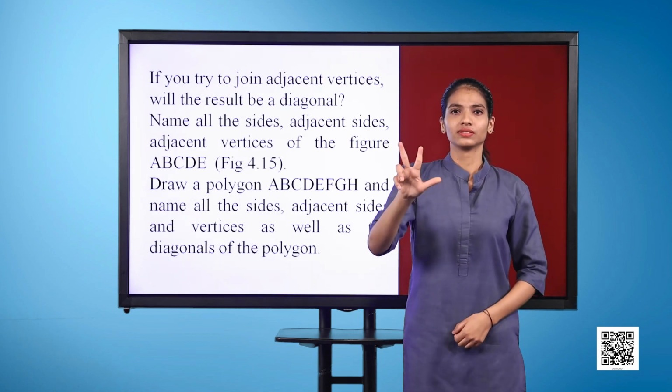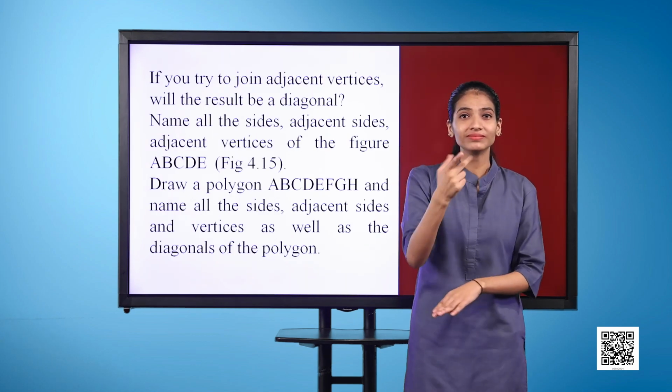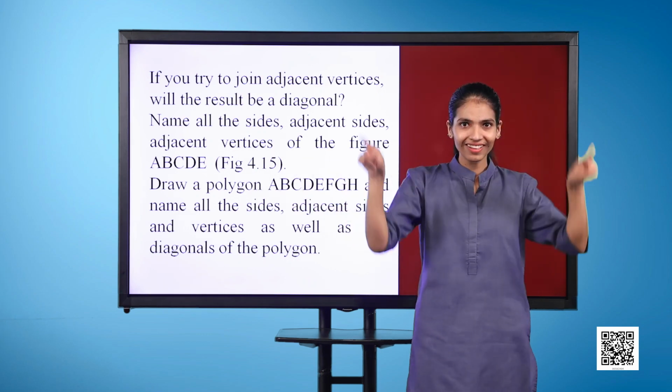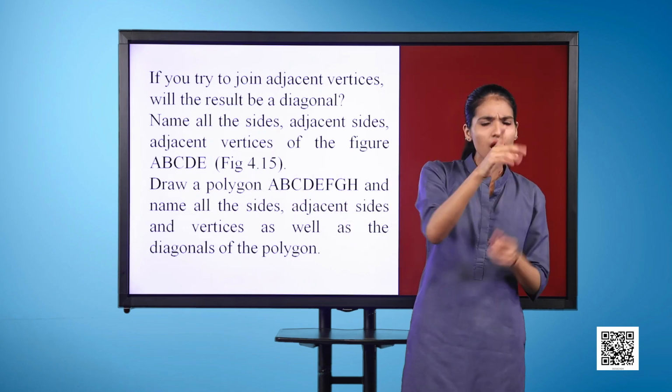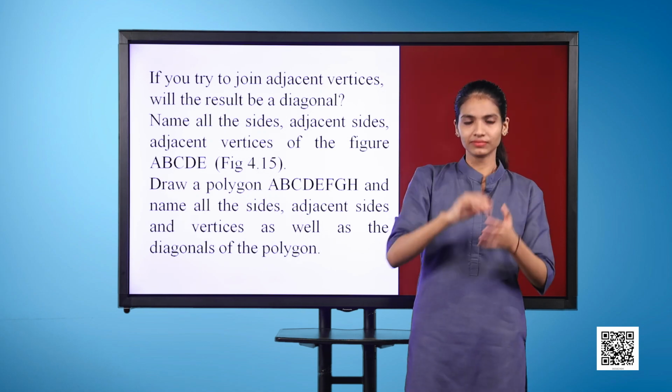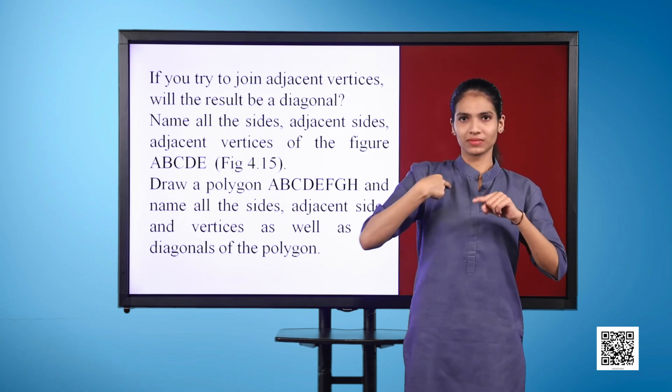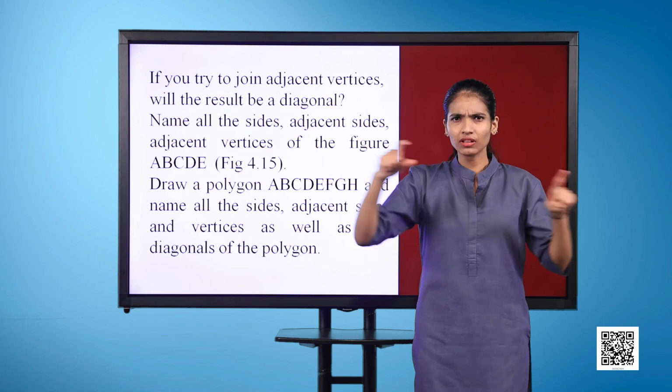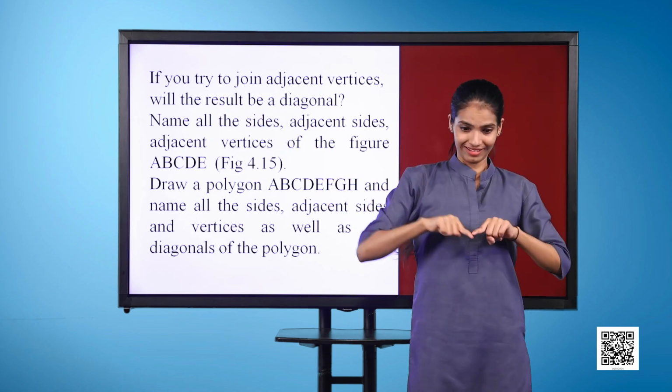Page 78. If you try to join adjacent vertices, will the result be a diagonal?